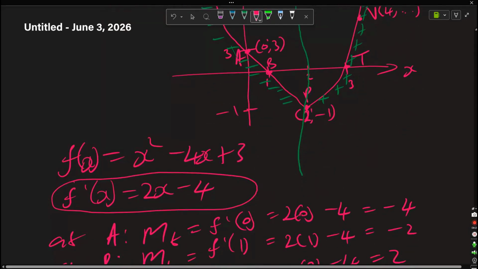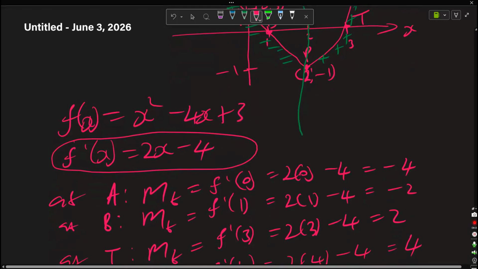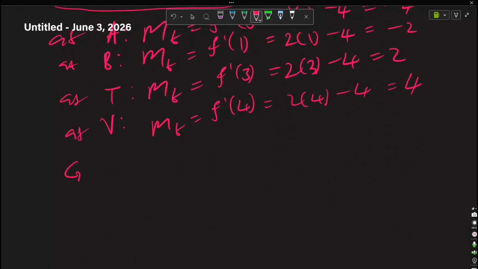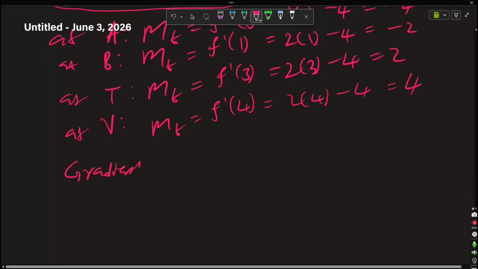Interestingly, now let us look at the gradient of the tangent exactly at P. Remember, P is the turning point. I'm going to write that. Gradient of tangent at P, in brackets, I must emphasize, is the turning point.